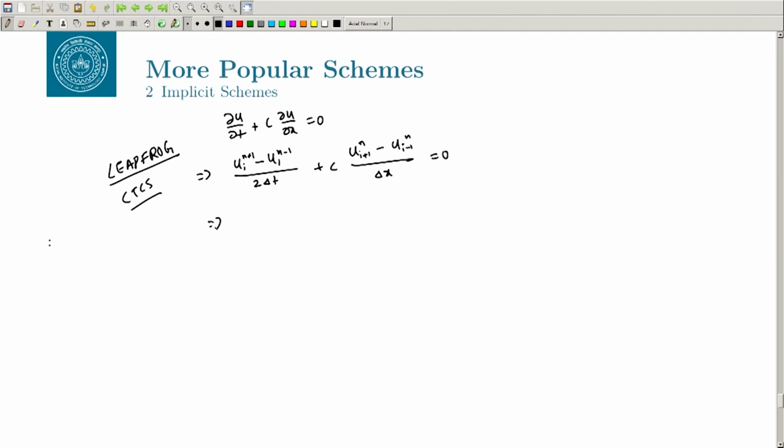So, if you reorganize it, okay, you can get u_i^(n+1) will be equal to u_i^(n-1) minus C delta t by delta x, the 2 will cancel out. So, minus lambda (u_(i+1)^n minus u_(i-1)^n), right.